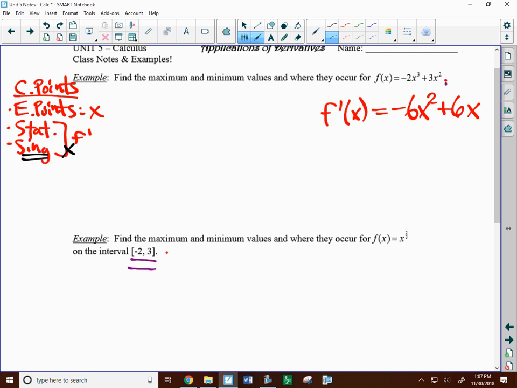So we need to check the stationary points. That's where f prime equals 0. And so this is a horizontal tangent question. I'm just finding where the derivative is equal to 0. So I'm setting it equal to 0. Now I'm going to go ahead and start to solve this. On the right side, I solve. And I will factor. I'm going to factor out a negative 6x.